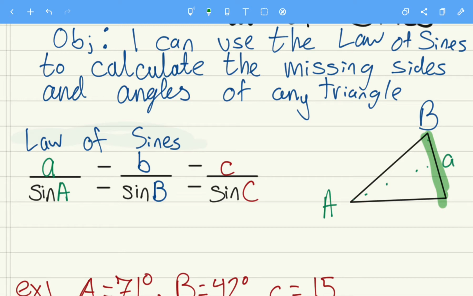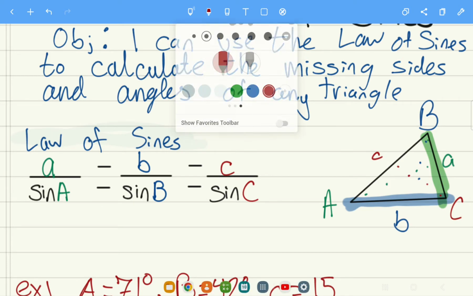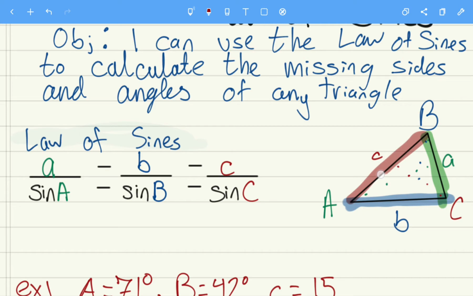Doesn't have to be the top one, but its corresponding side is also across from it down here, like so. And last but not least, we have angle C. That's the angle that's left. And across from it is our side C. So another thing to remember is that we typically use lowercase letters for sides and uppercase for angles.